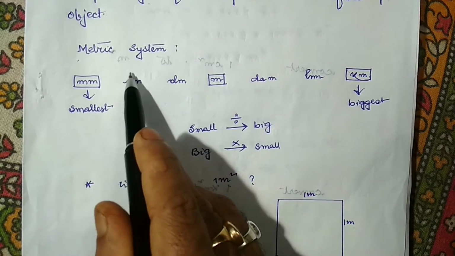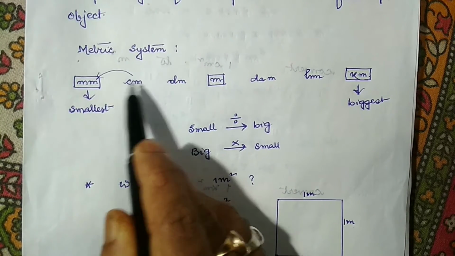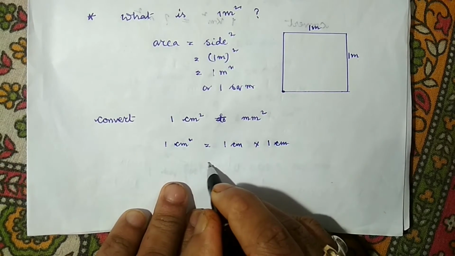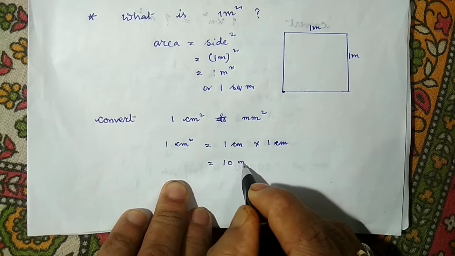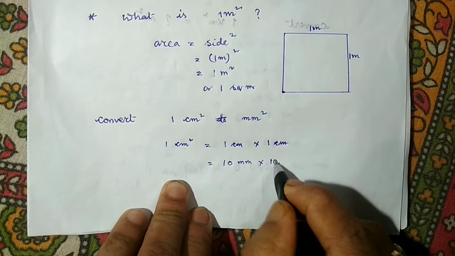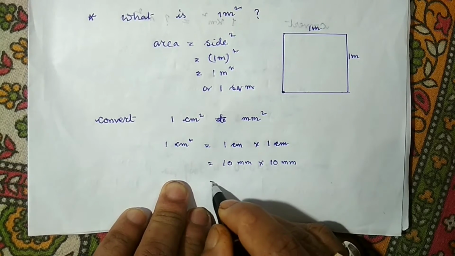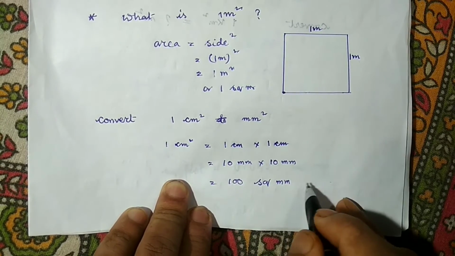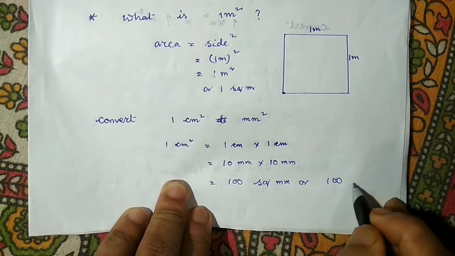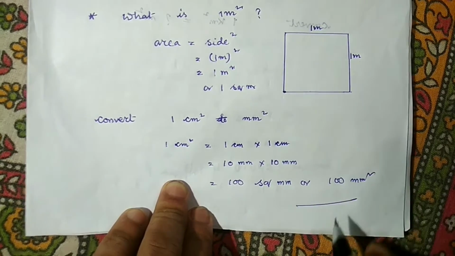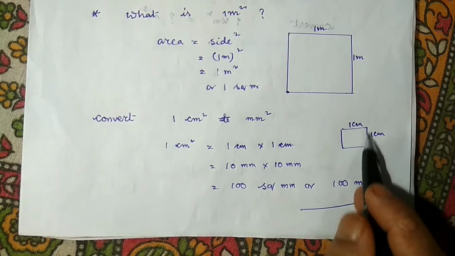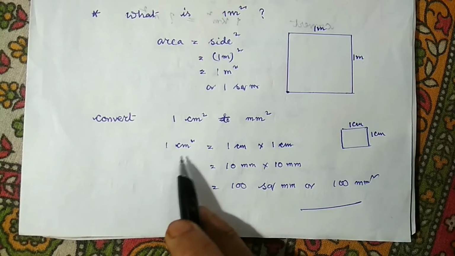Since we have to go one place, 1 centimeter is 10 millimeter. So instead of 1 centimeter, I can write 10 millimeter here. Here also 10 millimeter. 10 into 10, 100 square millimeter, or we can write 100 millimeter square. The meaning of 1 centimeter square is you have a square whose length is 1, breadth is 1, and the area of this figure is 1 centimeter square.